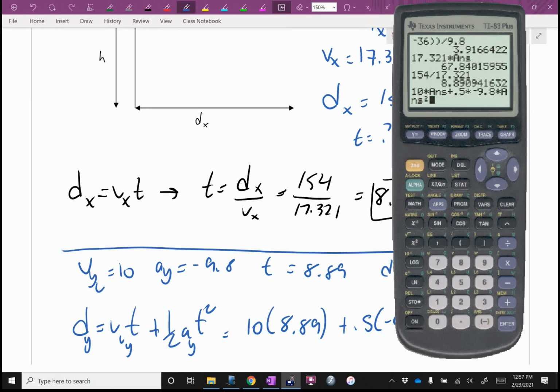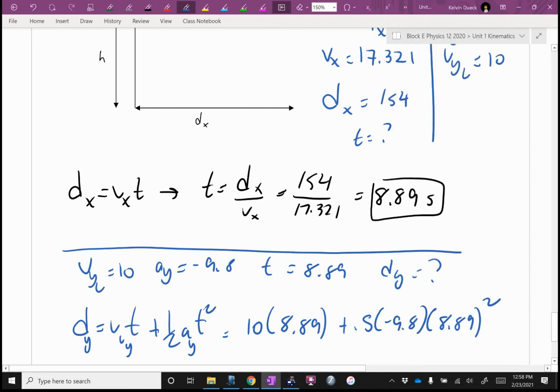Y'all get negative 298. Why negative? Because we ended up below from where we started.